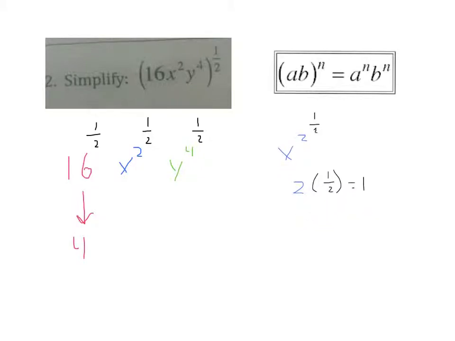So what I said is basically just multiply the exponents. In this case, that was 2 and 1/2. So let's test it out by just plugging in a number for x. Let's just say, we'll just call x the number 3.